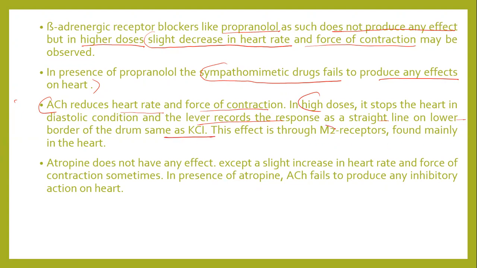This effect is through the M2 receptor, that is muscarinic receptor type 2, which is found mainly in the heart. So you have to remember the locations of the various receptors, and then only you will be able to know what effect these particular drugs will have on the heart.